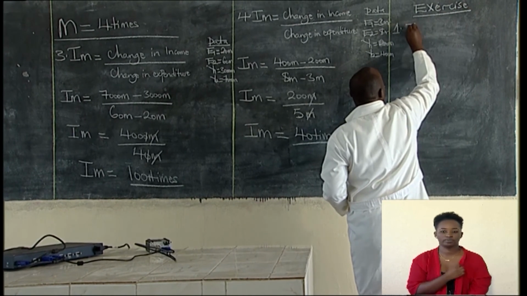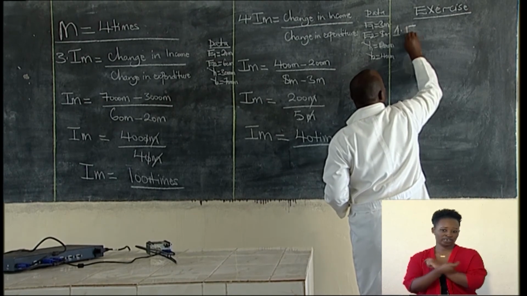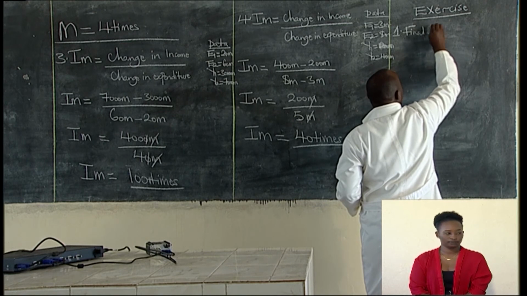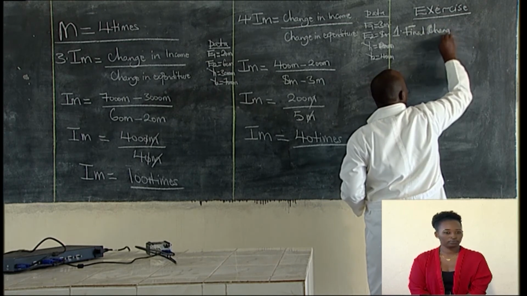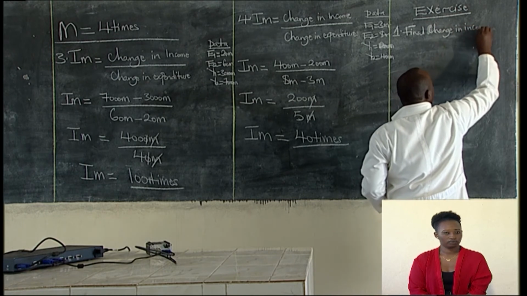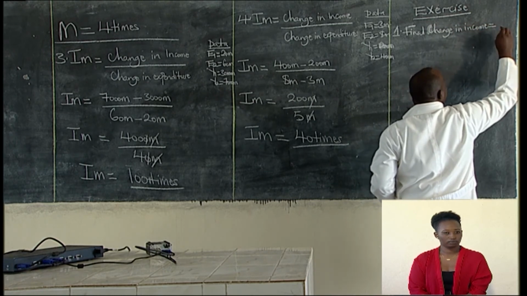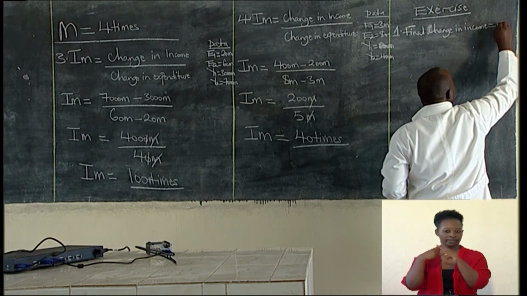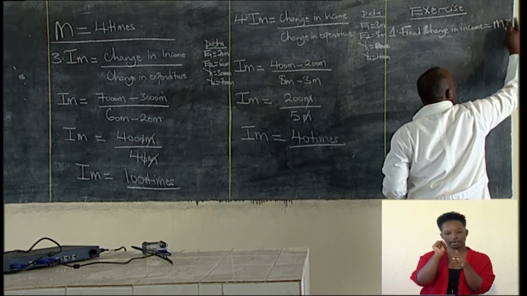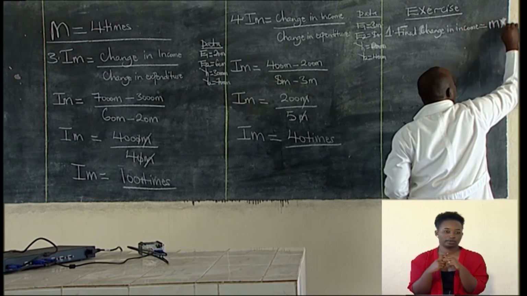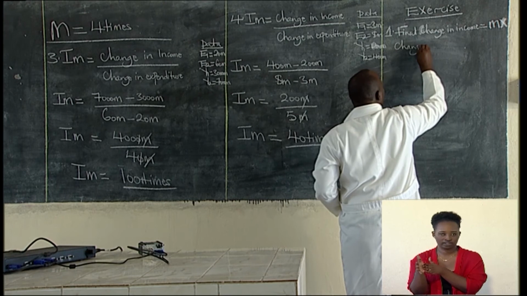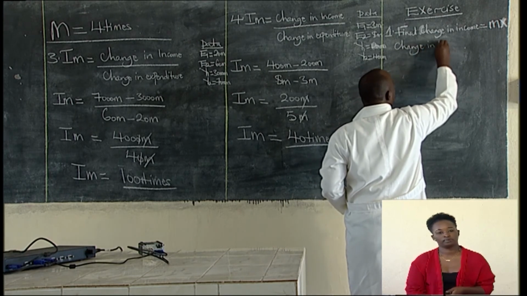To get the final change in income, we get the multiplier, which is M, times the change in expenditure.